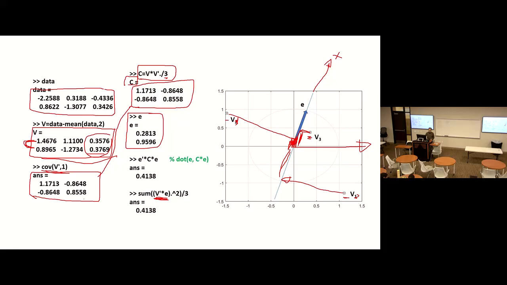Then you square it and sum. So this is as I wrote here. Remember, we have D1, D2, D3 squared. So this is your new variation. Of course, we want to divide by 3, the sample size.